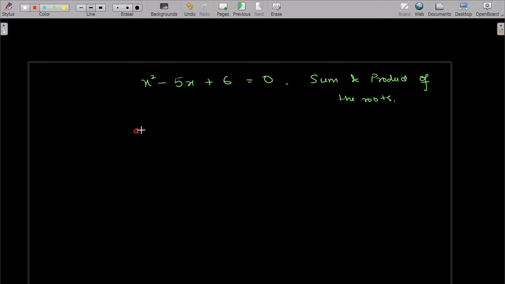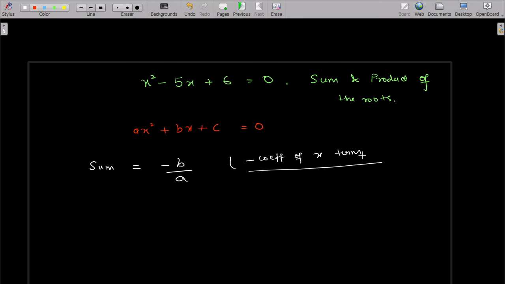So if you have a quadratic equation, ax squared plus bx plus c is equal to 0, then the sum of the roots is given by negative b over a. Or you take the coefficient of the x term, multiply it by negative, over the coefficient of the x squared term.